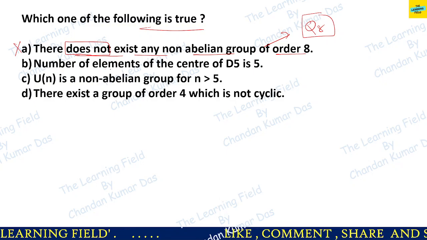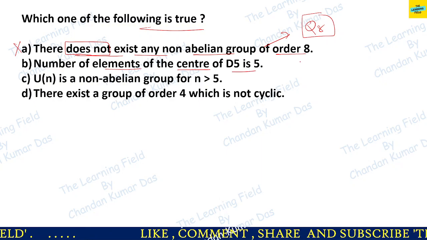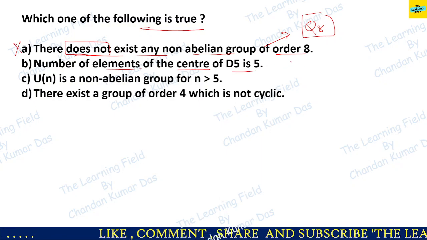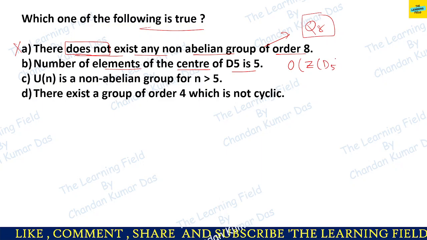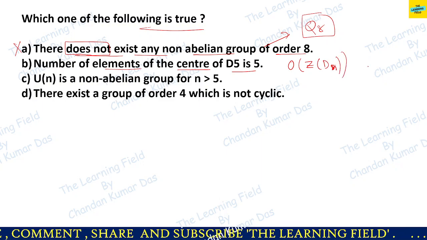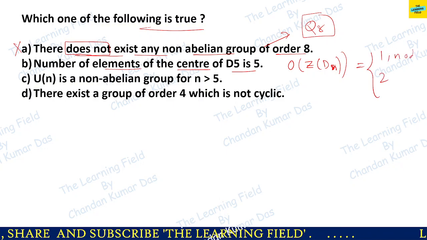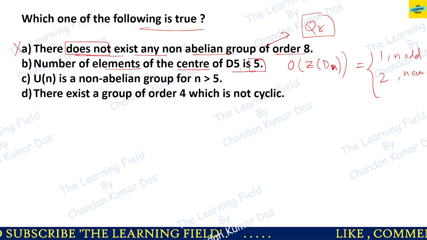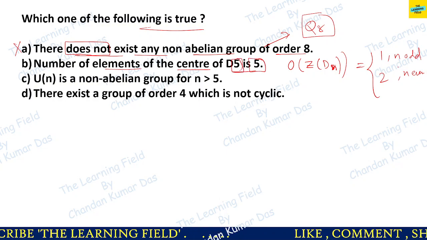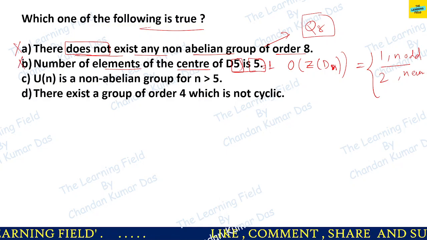Now the number of elements of center of D5 is 5, whether it is true or false. So we all know that order of Z(Dn) is equal to what, 1 or 2 according to n odd and n even. Okay, and here it says 5, here it is D5 means 5 odd, that means there should be 1, this is not 5, so this is again false.